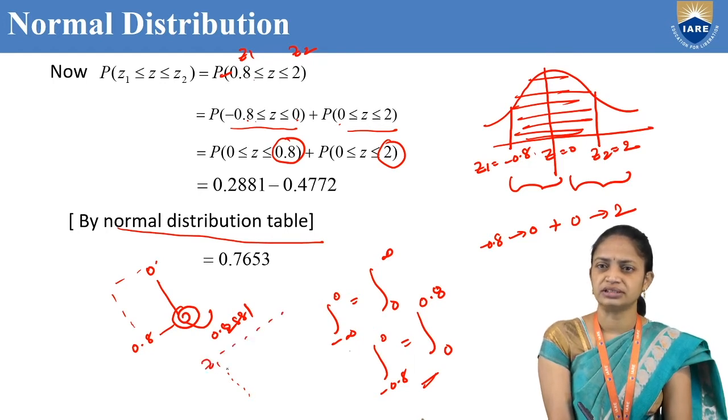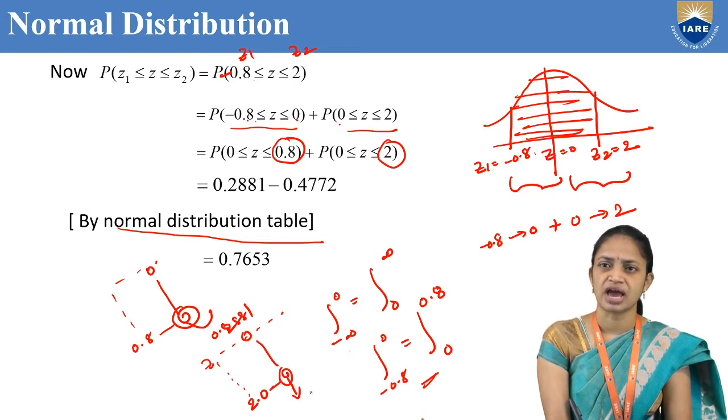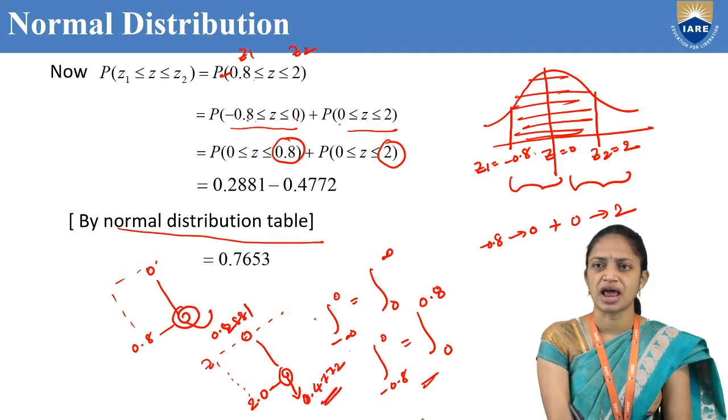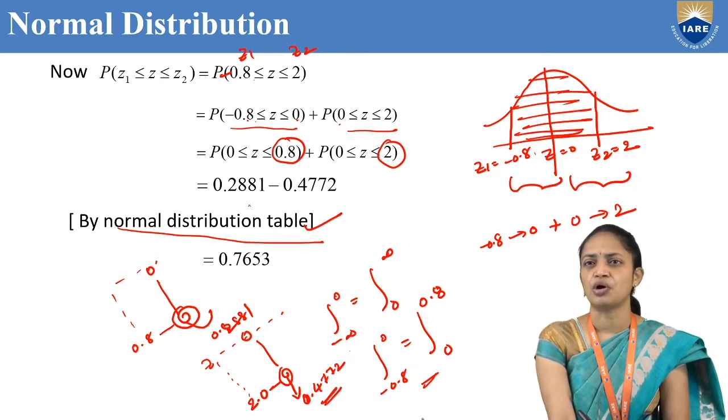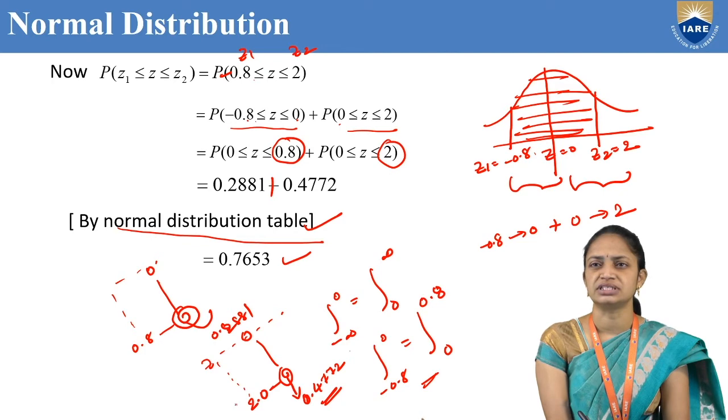Here we have 2, that means 2.0. In 2.0, we take the 0 column, and that value is 0.4772. We take these values from the normal table. This is plus, so after simplification we get 0.7653.